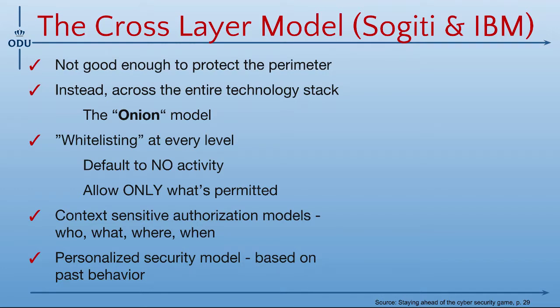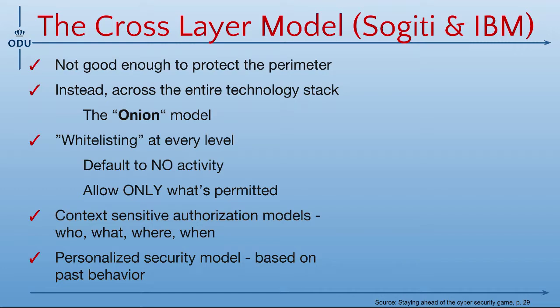The notion here is that your entire technology stack needs to be protected such that you have to assume that intruders are going to get beyond the perimeter, and they must be trapped and secured once that occurs.